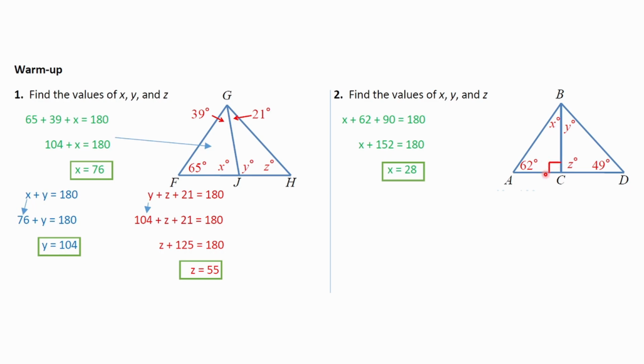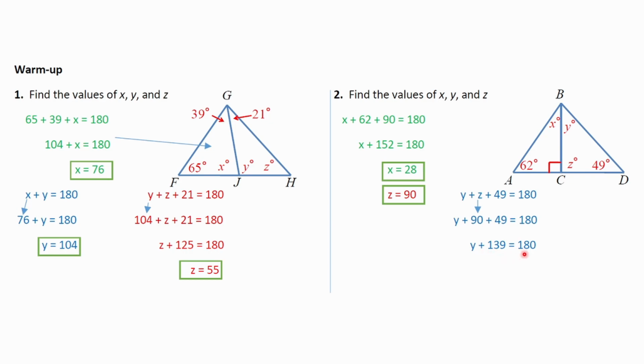Since this is a perpendicular here, z must also be a 90-degree angle. Again, these two are going to be supplementary by the nature of them being a collinear pair. So we can use that fact now to solve for the value of y. Substituting z in as 90, we get y plus 90 plus 49 is equal to 180, which means that y plus 139 is equal to 180.